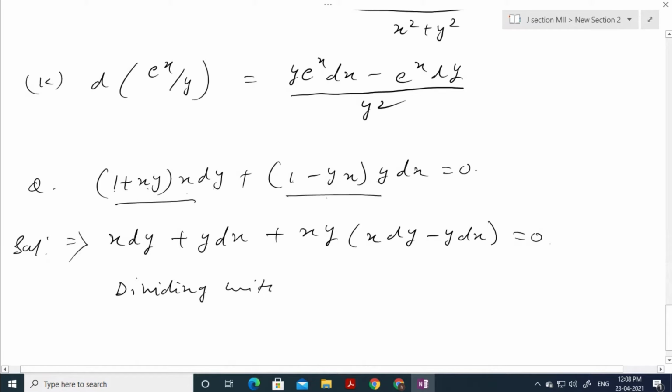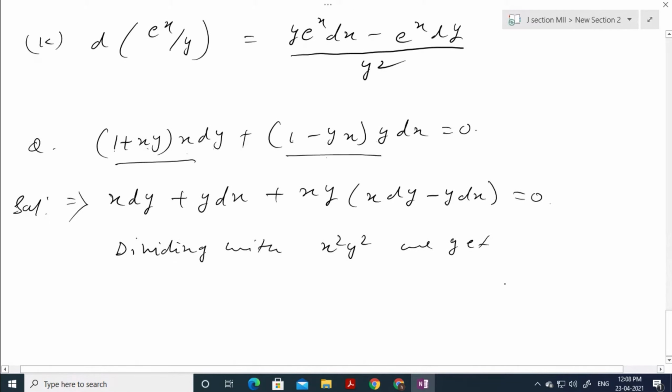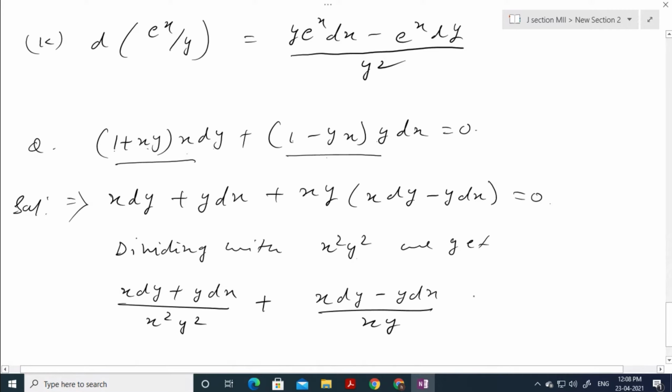On dividing by x square y square, you will get (x dy plus y dx) by x square y square. And in the other two terms, since I have divided by x square y square, one xy will be cancelled and I will have (x dy minus y dx) by xy is equal to 0.